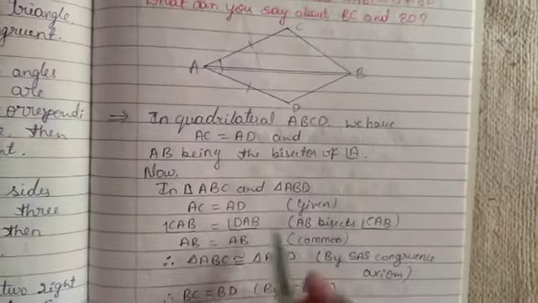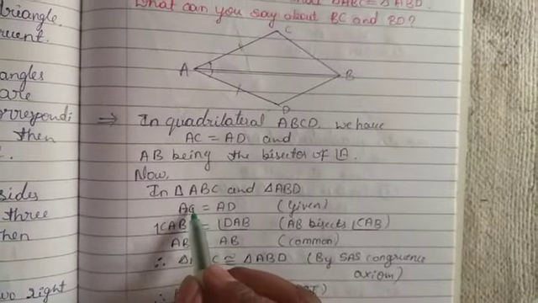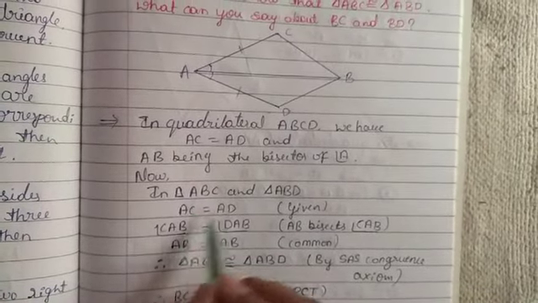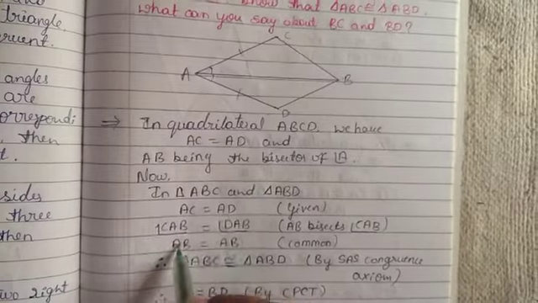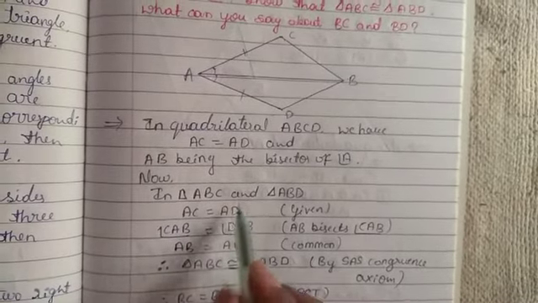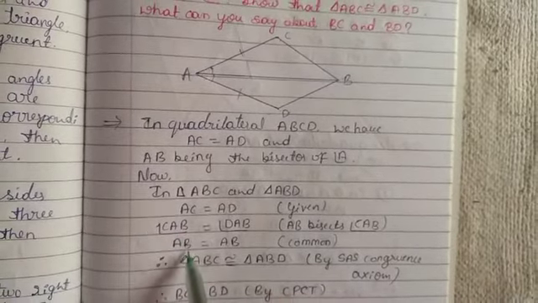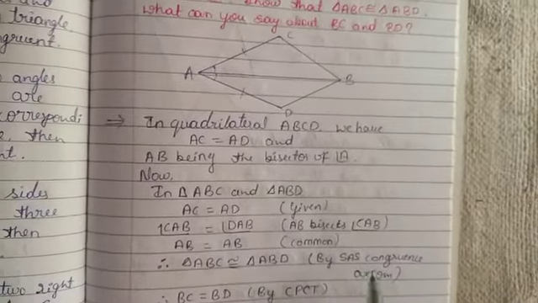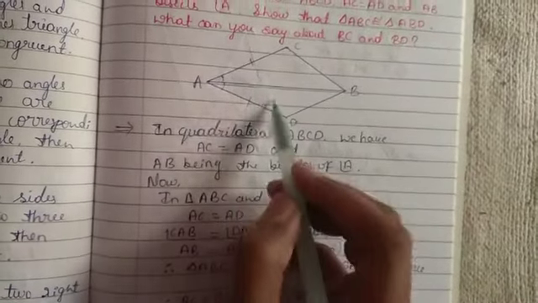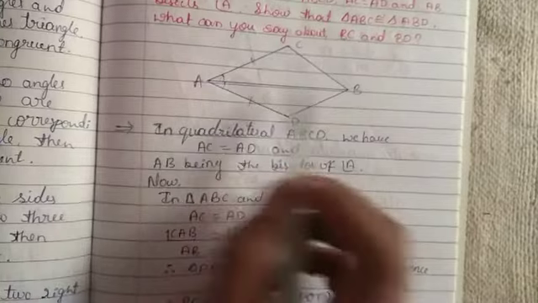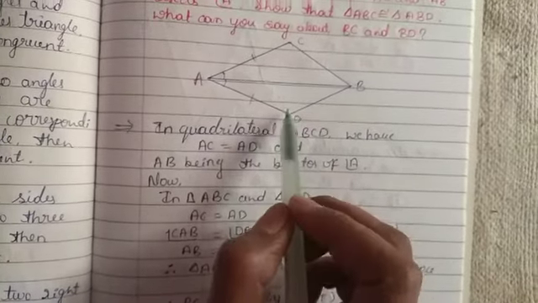Okay, take these two. See here, two sides and the included angle are equal. Using the SAS congruency rule, we can say these two are congruent. Which ones? ABC and ABD.